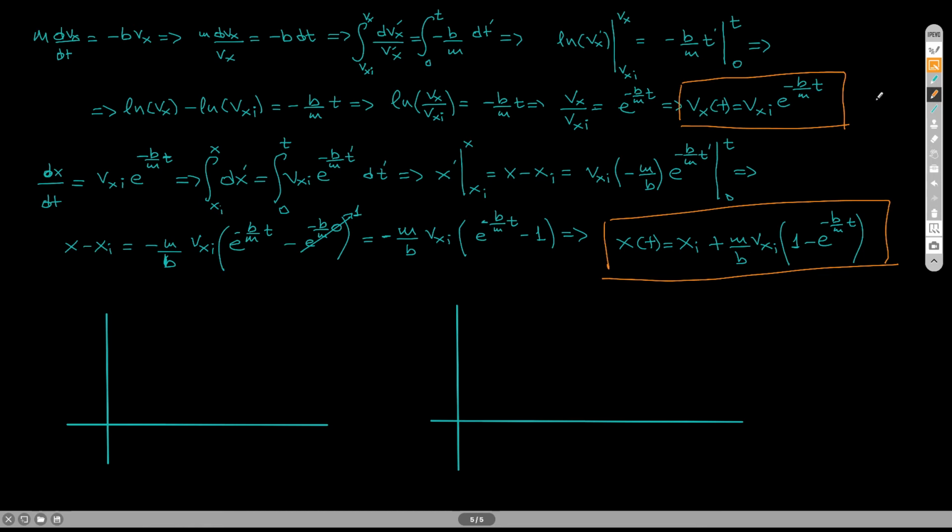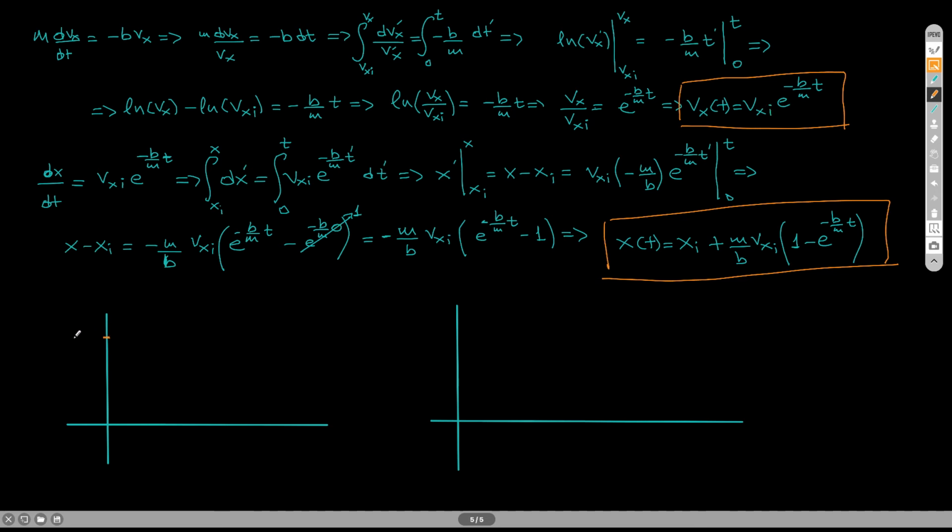So from the expression for the velocity vx, I know that as time increases, e to the minus a large number, the exponential, will become smaller and smaller. At t equals 0, this is 1, so my vx initial is of course vx initial.